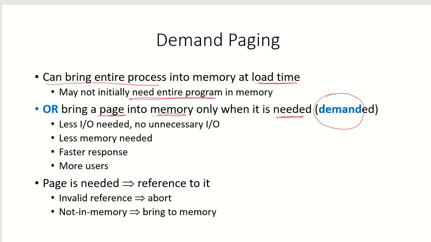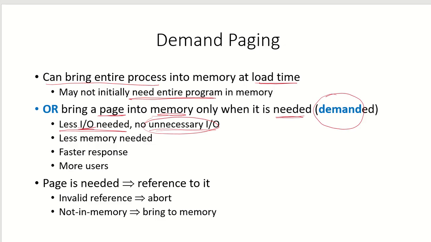So what are the benefits of this? If we are bringing only a particular page, less input is needed. So there is no unnecessary output. That means those pages which are not required are not being brought into the memory. So we are utilizing the time that is needed for output for some other purpose.